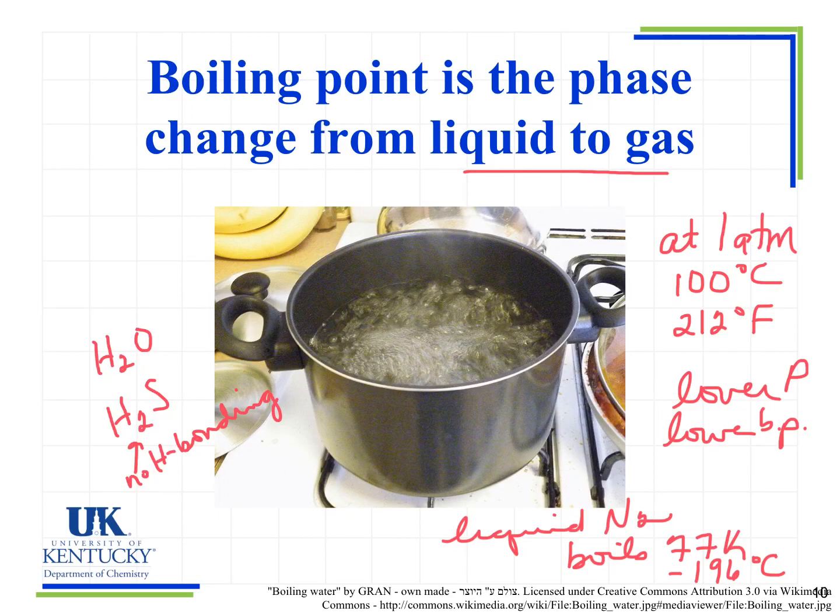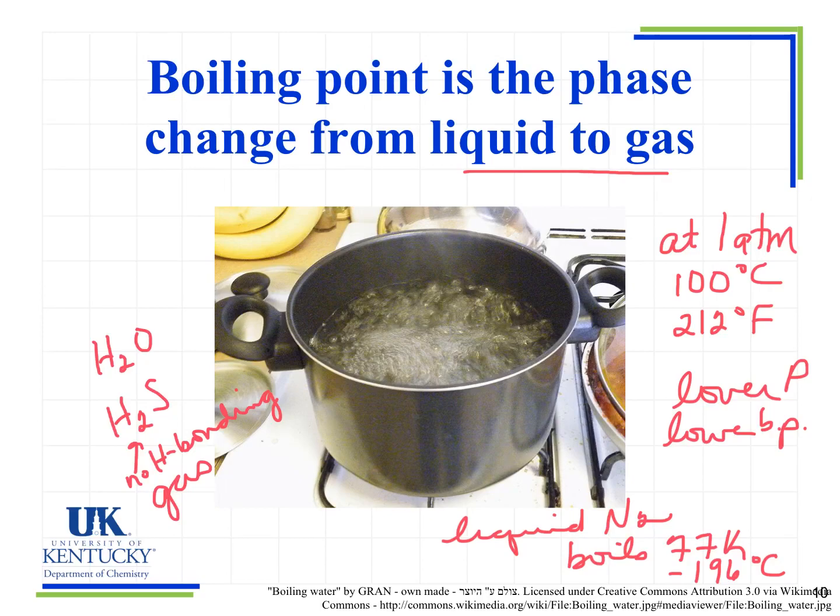So no hydrogen bonding. And at room temperature and pressure, H2S is actually in gas phase because it has a much lower boiling point, because what we see is that the forces holding those molecules together are much weaker, and as a result, it doesn't take as much energy, as much heat, as much input in order to break those molecules from the liquid phase to the gas phase.